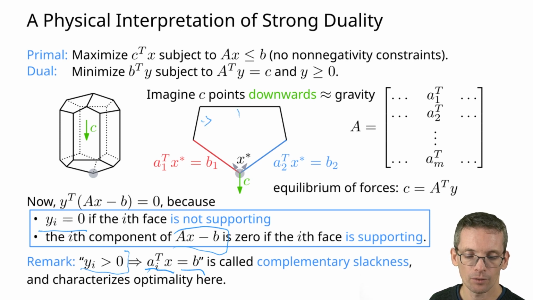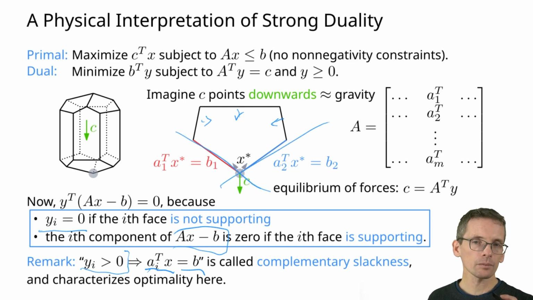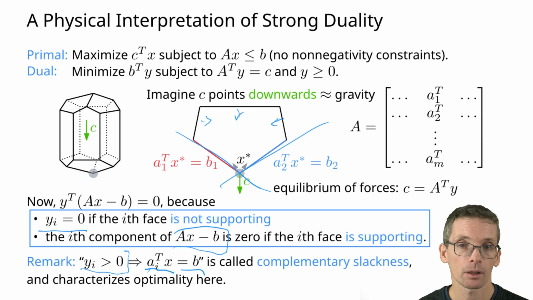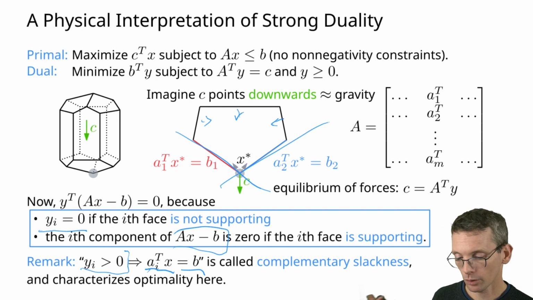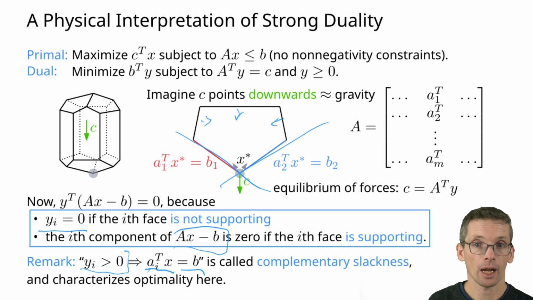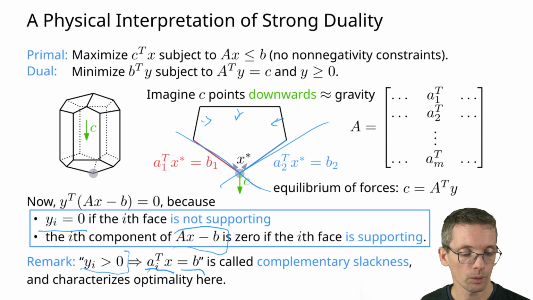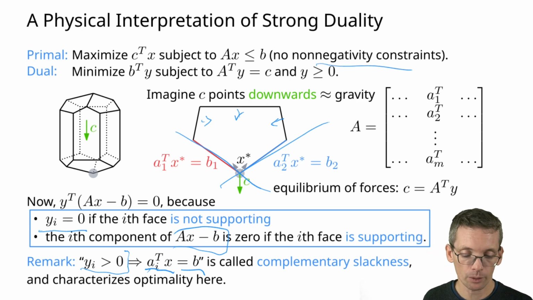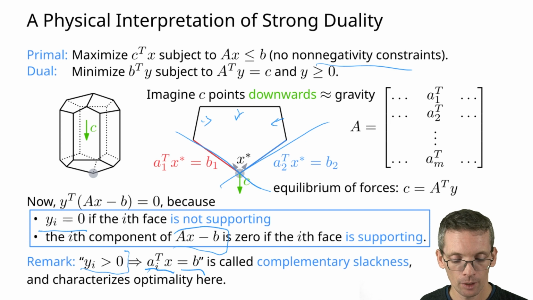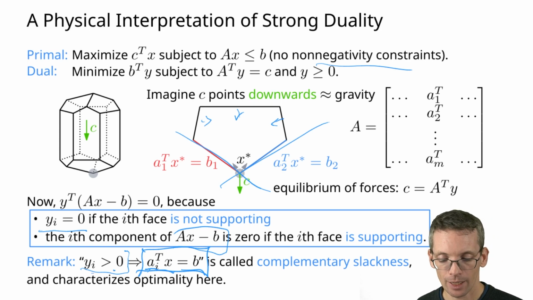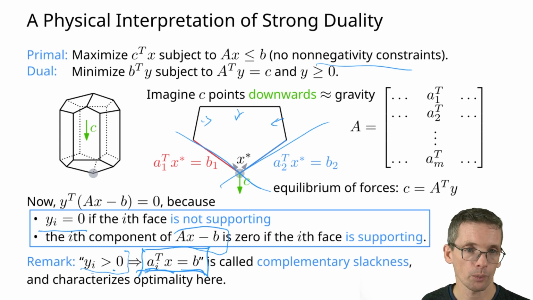So here we have zeros, and here I'm actually on the lines. And this is called complementary slackness, and it's a characterization of optimality. The solution is optimal exactly if we have this, and depending on which form of LP we have, there's also a version with non-negativity constraints. And why slackness? Because here there's no slack. So either yi is 0 or there's no slack in the corresponding constraint.